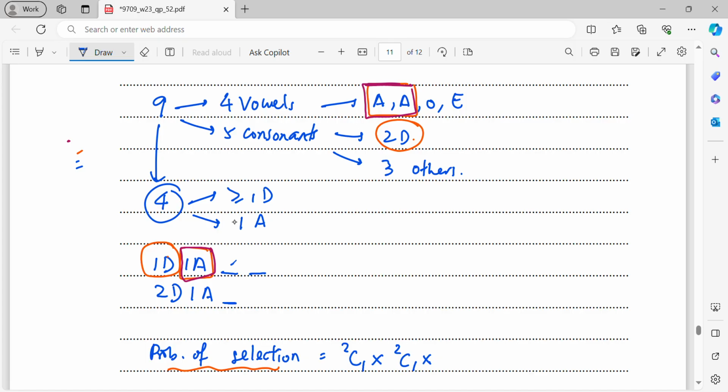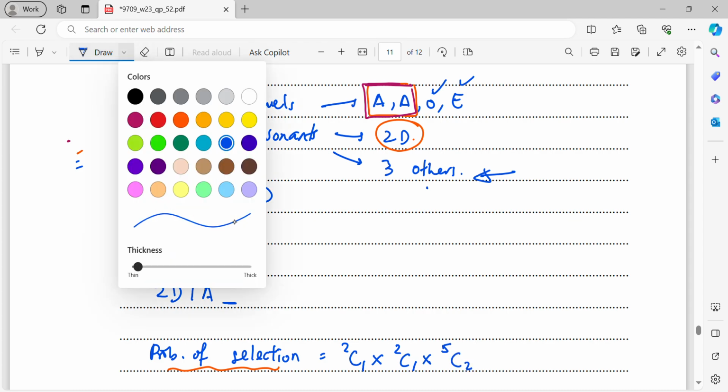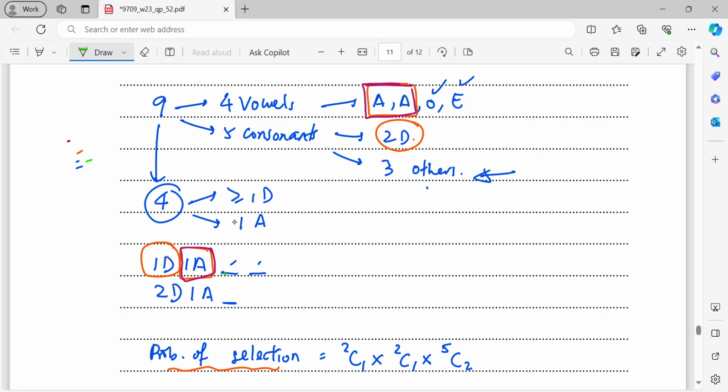Then I need 2 from the others. I still have 3 others together with the O and E, so together I will have 5. From 5, I choose 2, which is 5C2.